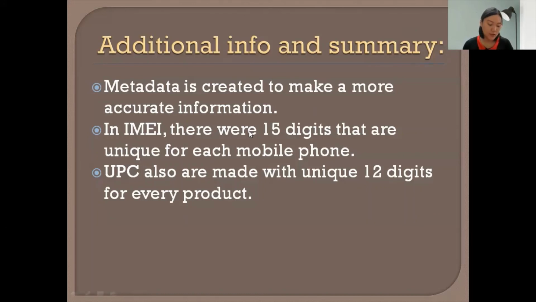These number combinations enable the tracking of phones, especially those that are stolen. And lastly is UPC. UPCs are made with 12 unique digits for every product. This makes the product's features easily identified and distinguishes each and every product from one another. It indicates the product's registration.